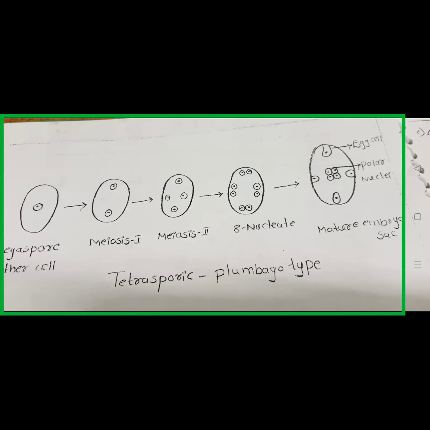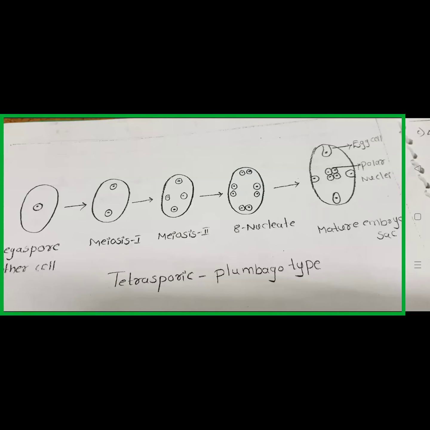Okay, so each of these 4 nuclei divides again to form 8 nuclei. After mitosis 1, it is going to form 8 nucleate. In these 4 pairs, 8 nucleate forms, because after mitosis 1, from 1 we get 2, so 8 nucleate forms. Then one nucleus from each group moves to the center of the cell and forms the secondary nucleus.